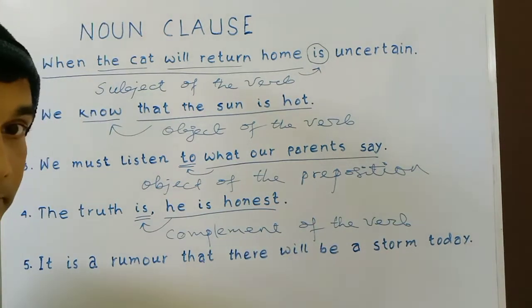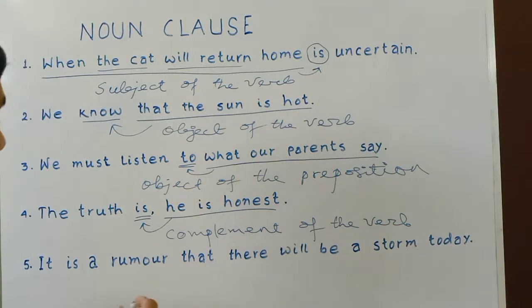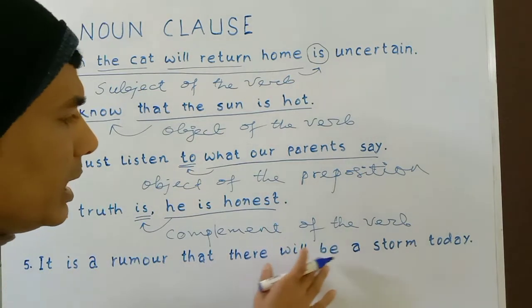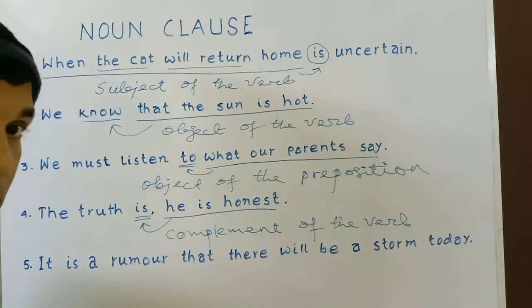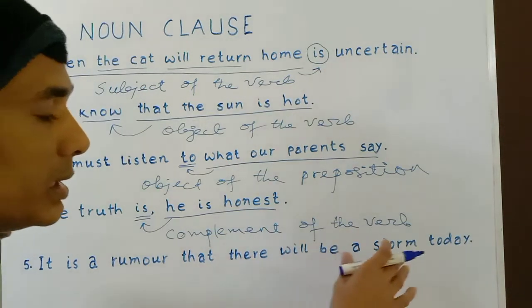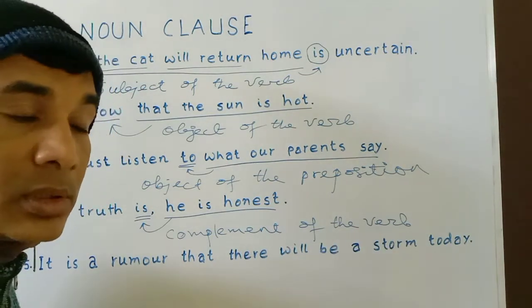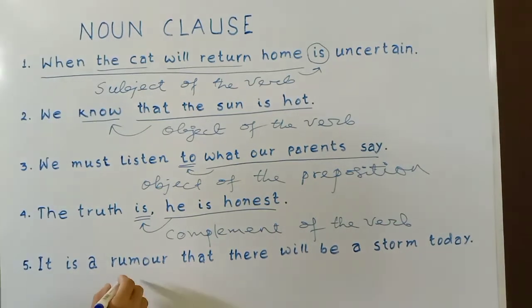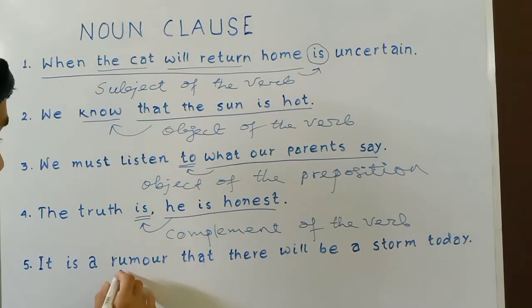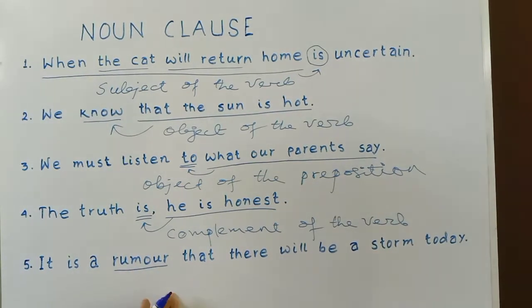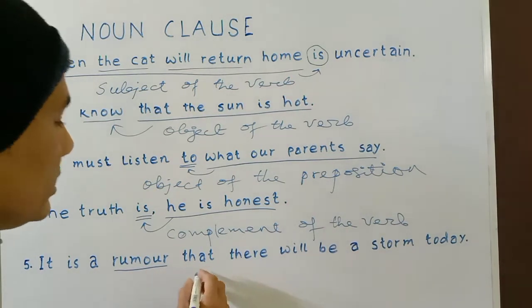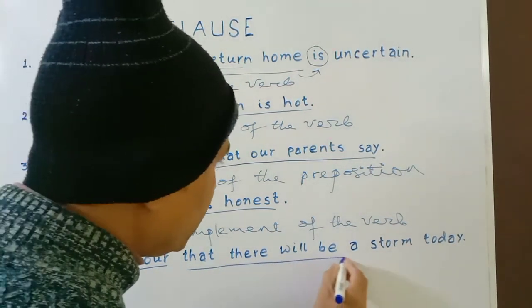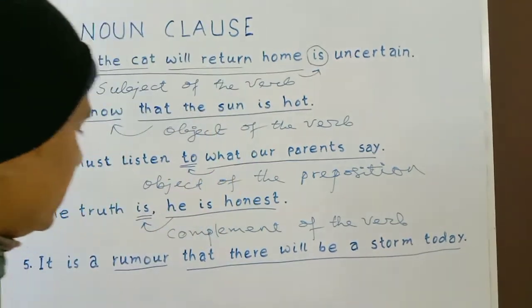Okay, again we have written: It is a rumor that there will be a storm today. So what is the rumor? The rumor, you know, is only a noun. What is the rumor? That there will be a storm today.